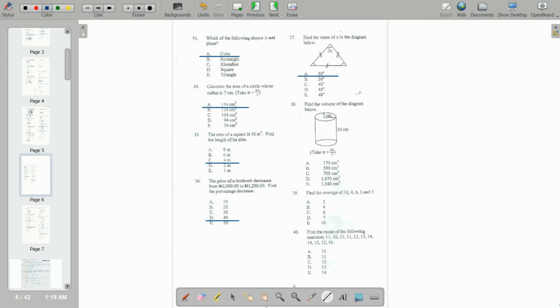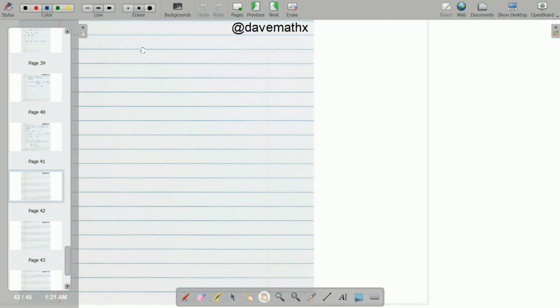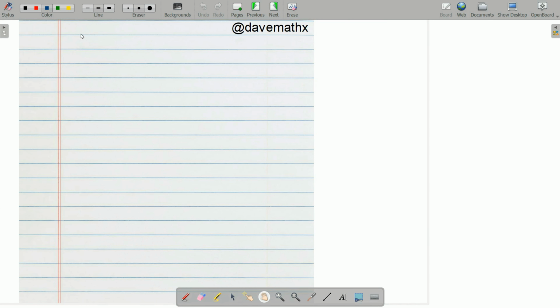Next is question 38. Find the volume of the diagram below. The volume of a cylinder is pi r square h.